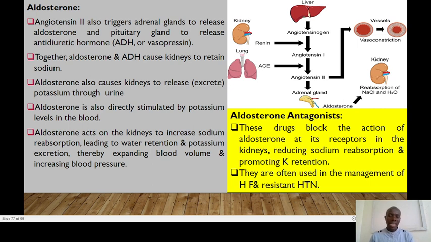So these drugs are also referred to as potassium sparing diuretics, and we already looked at them when we were looking at the 5 types of diuretics. Guys, a link will be popping up on the 5 different classes of diuretics, of which aldosterone antagonists are one of the subgroups under the potassium sparing diuretics.